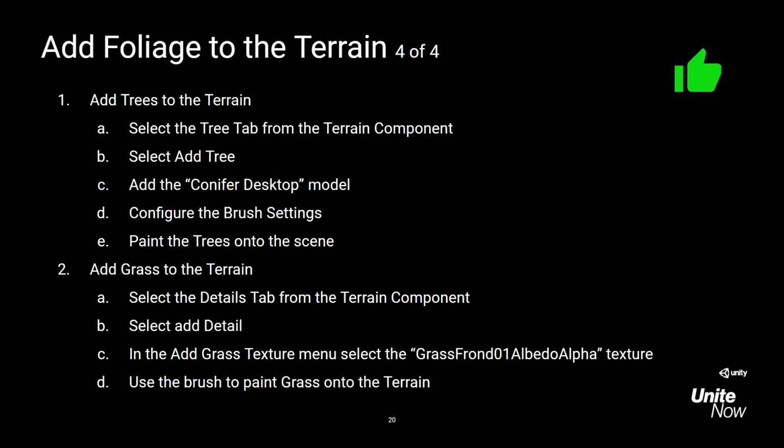The bonus challenge here talks about how to make water that's at least like a lake or a pond. If you want a flowing river, I would encourage you to check out the asset store. There are quite a few options there for water simulation.